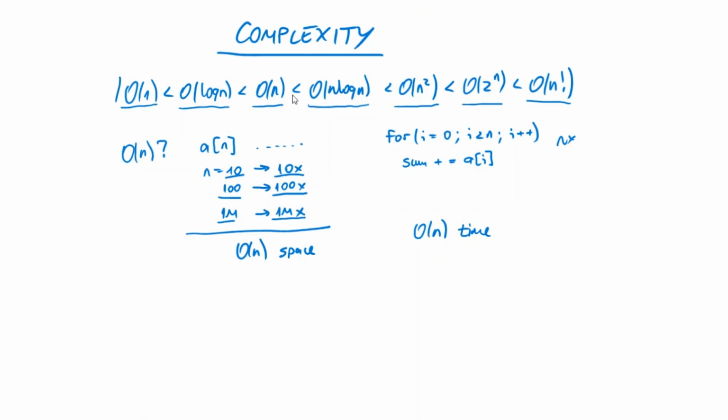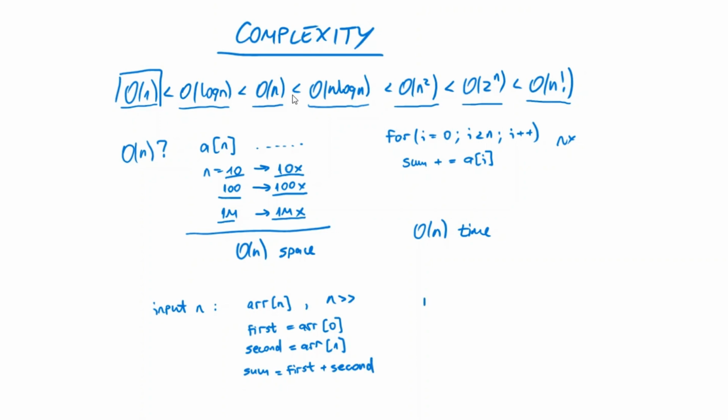Sometimes our solution doesn't need to depend on our input n. N is some large element, and imagine that we need to find the sum of only the first two elements in this array. So if n is 10, we will apply just the first line, and this line.